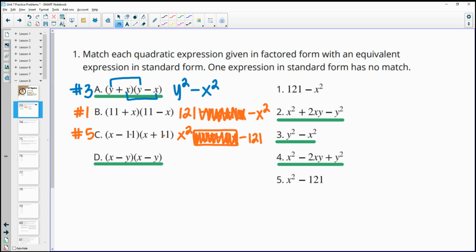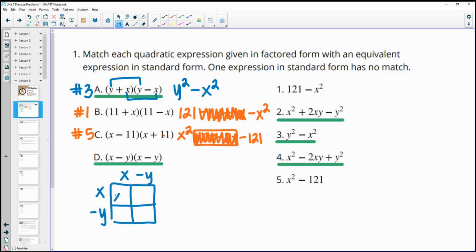Then for part D, the middle terms are not going to cancel out because we've got 2 negatives here. Maybe I'll do area model on this one since I haven't really been doing that on these other ones, just to remind you how you can do this. We can put the x minus y on one side and the other term x minus y on the other.